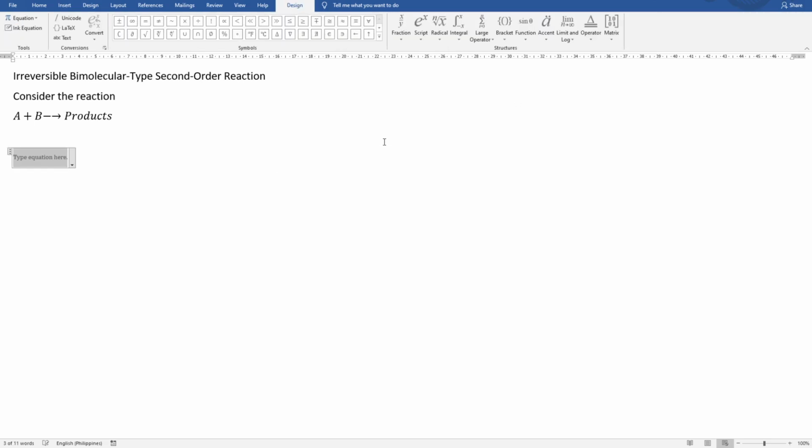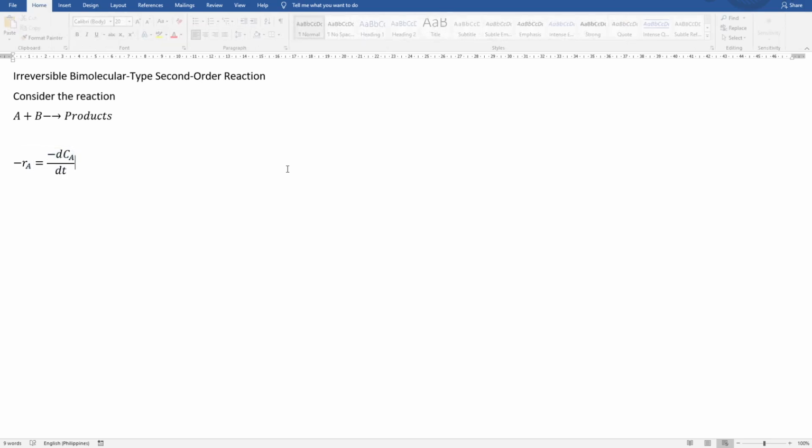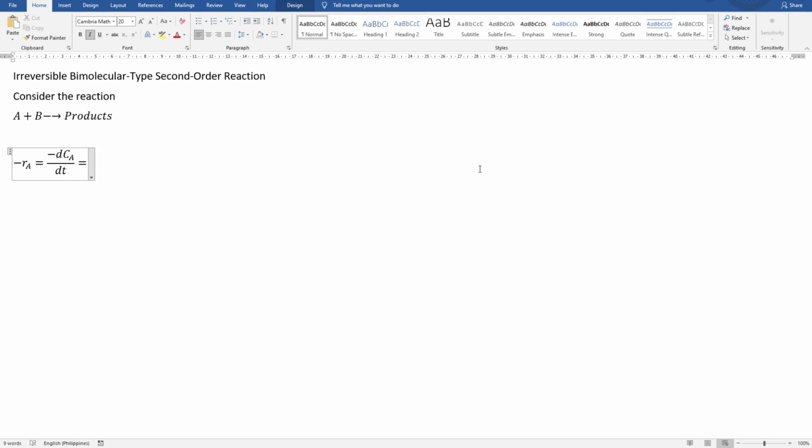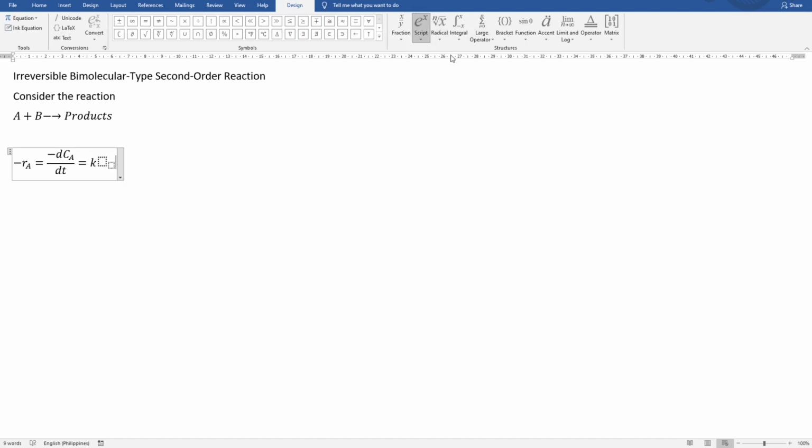So again, writing the rate equation, negative rA, negative rA is directly proportional or equal to k CA and CB.